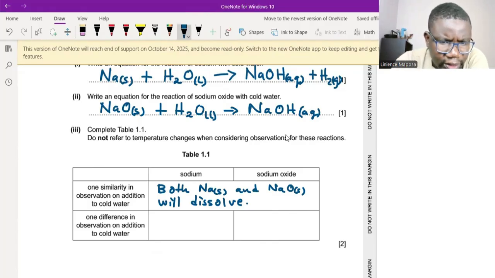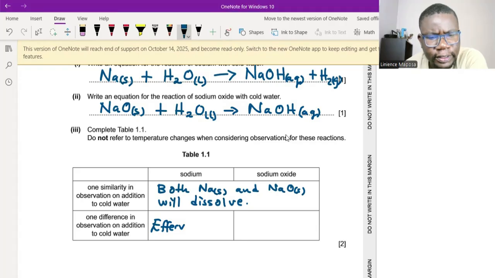One difference in observation on addition to cold water. We already said in our equations that sodium, when it reacts with water, will form hydrogen gas. So for sodium here, we are going to observe formation of gas, which is effervescence. How do you write effervescence again? I forgot. Effervescence, and then here there's no effervescence.